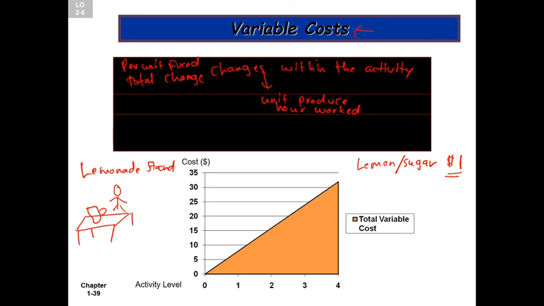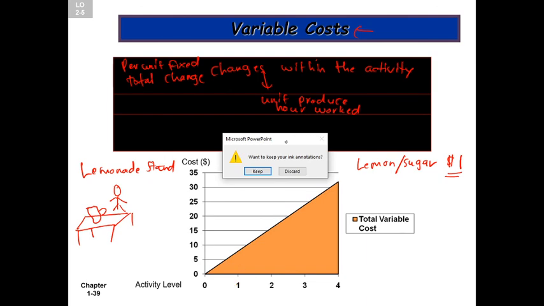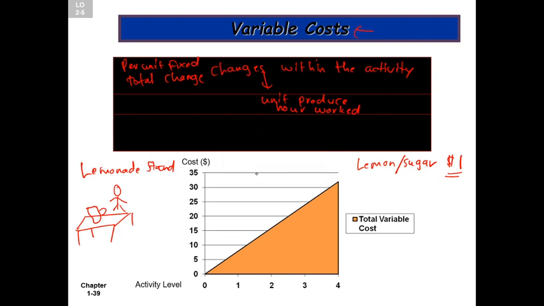Then let's say if you sell, let's say here, oh no, no, keep, okay, stay here, I will stay here.